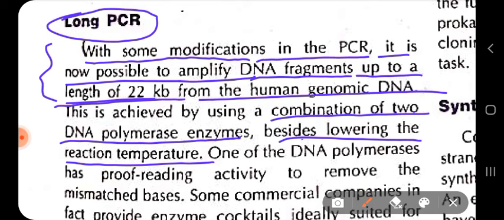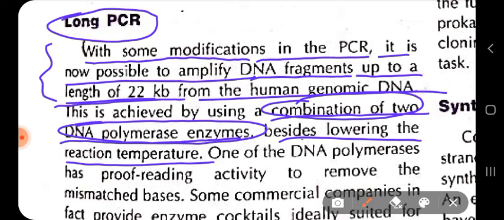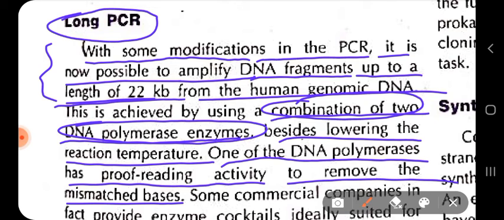So we have lowered that reaction temperature that we normally use in the PCR process, and we have used two different types of DNA polymerase enzymes. One of the DNA polymerases has a proofreading activity which will remove the mismatched base.